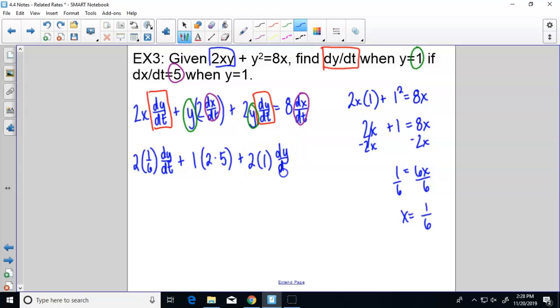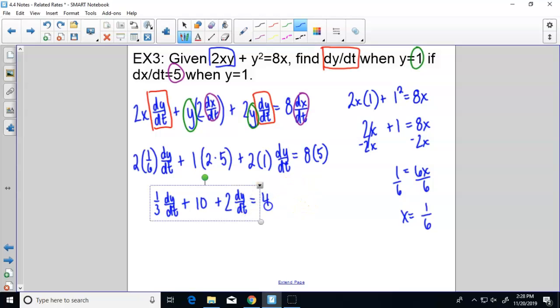We don't want to replace it, equals 8 times dx/dt, which is 5. And so we get 1/3 dy/dt plus 10 plus 2 dy/dt equals 40.